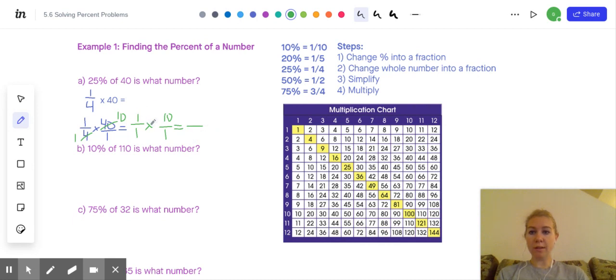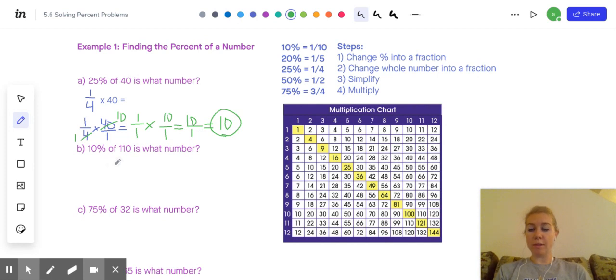So 1 times 10 is 10. 1 times 1 is 1. And if we have anything over 1, our answer is really that anything, which in this case is 10, because we had 10 over 1. So that could be simplified to just 10. So we learned 25% of 40 is 10.